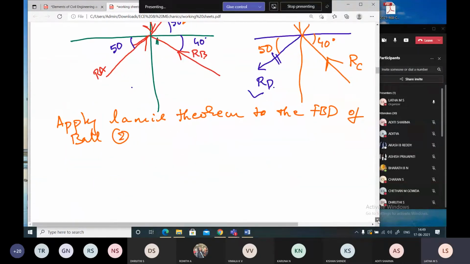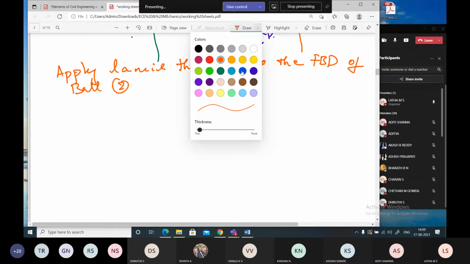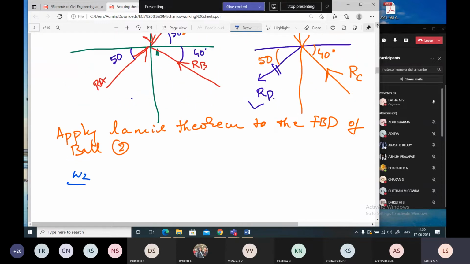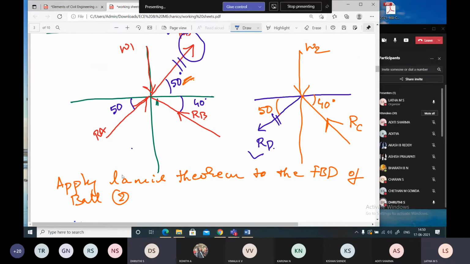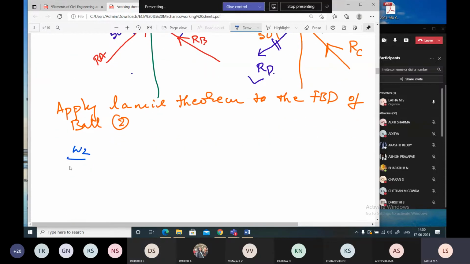Now apply Lami's equation and tell me the equation. Give me the equation. Quickly, no time. W2 divided by sine of the angle between the other two forces. W2 by sine of 40 plus 50.